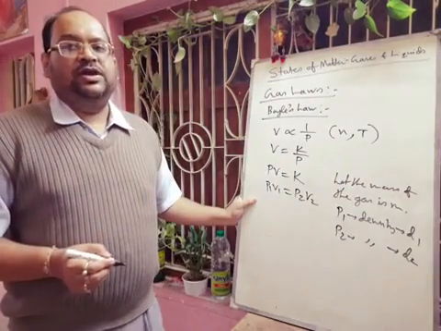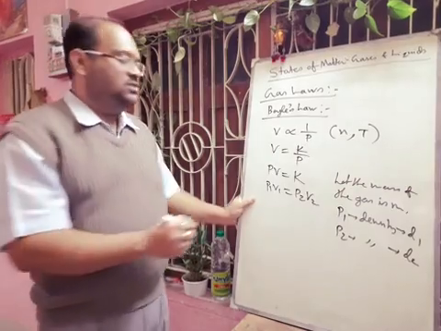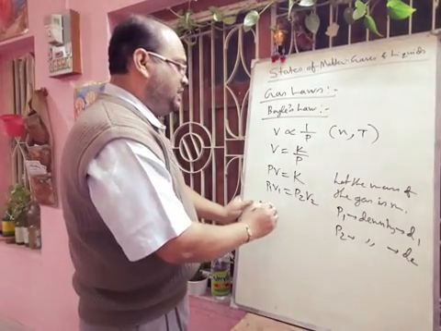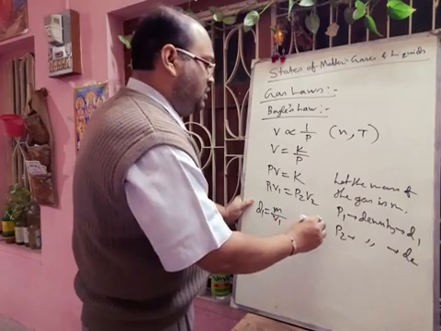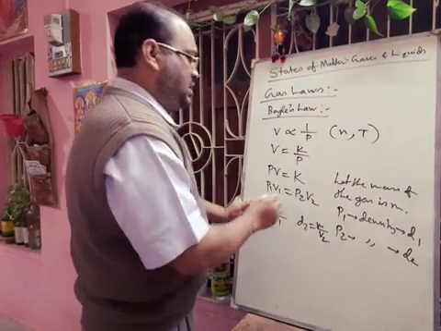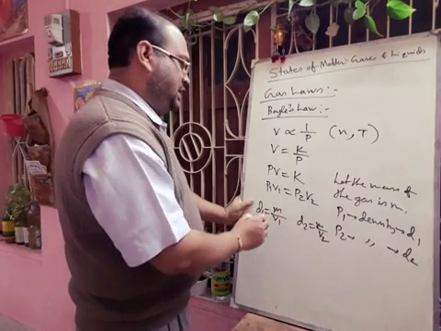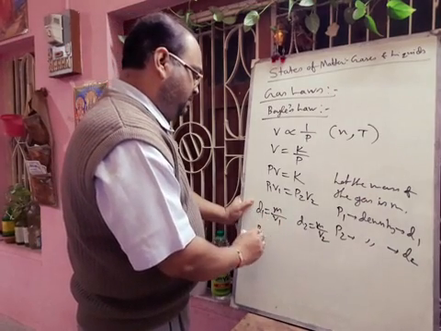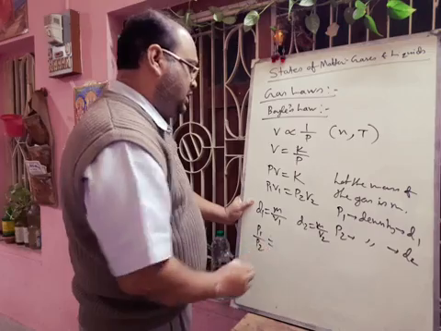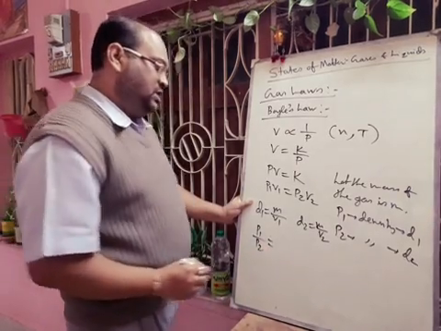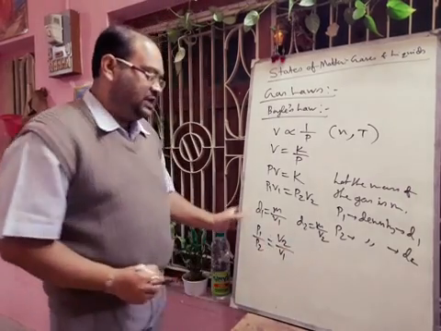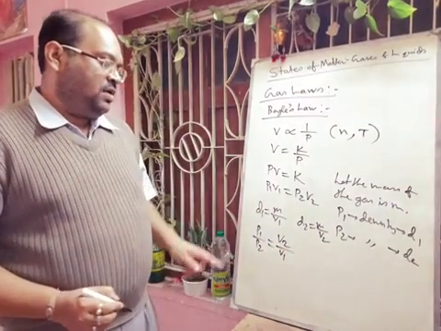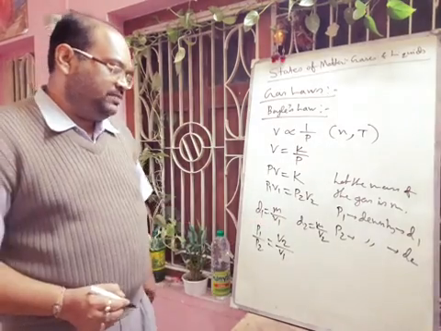We know that density is equal to mass by volume. So we can write D1 is equal to m by V1 and D2 is equal to m by V2. Now we know that P1 by P2 is equal to V2 by V1. So from here we will calculate V2.